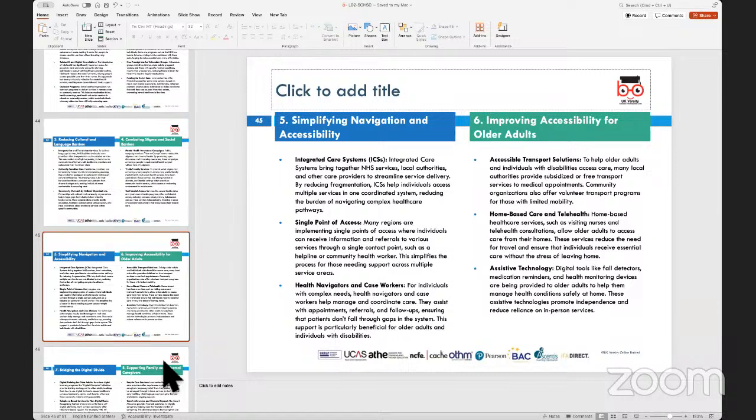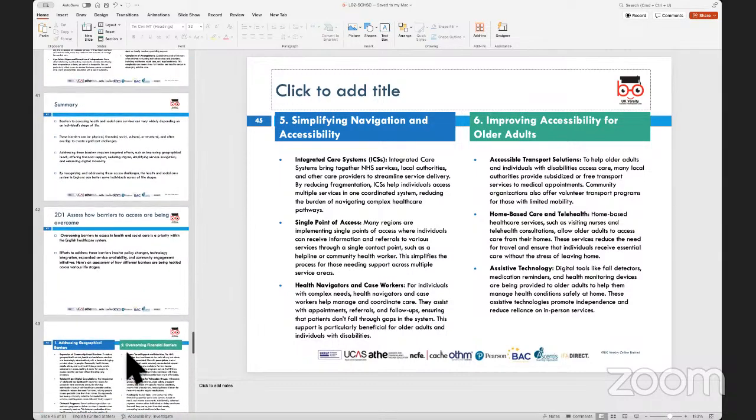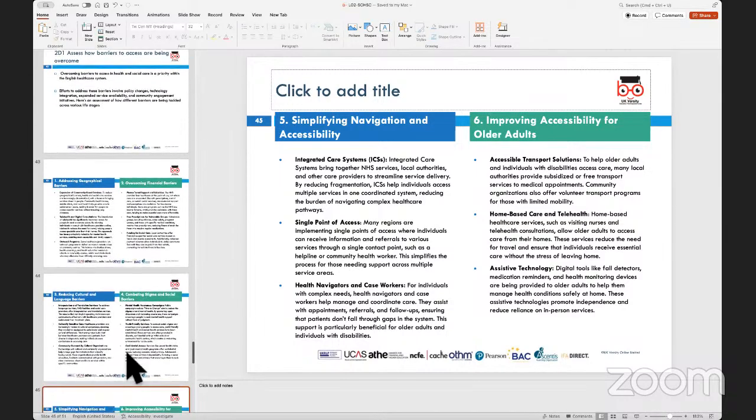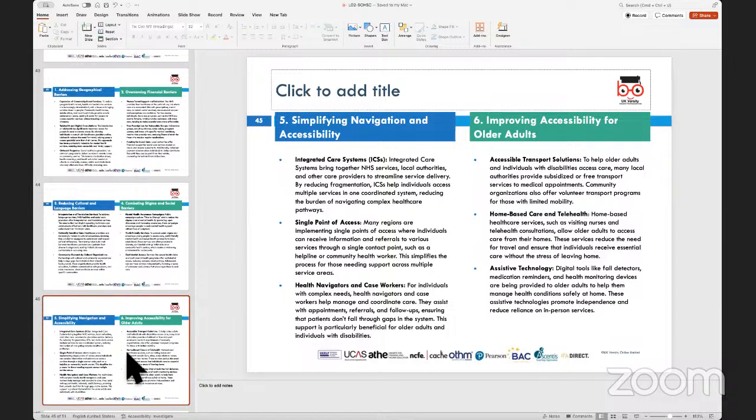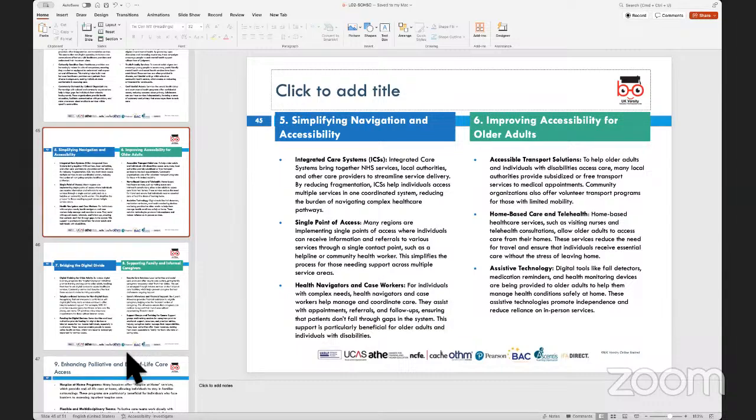So obviously technology can help overcome some of the barriers related to geography, limiting access in certain areas, specifically in rural areas. That is another example of how technology can help you overcome this particular barrier.